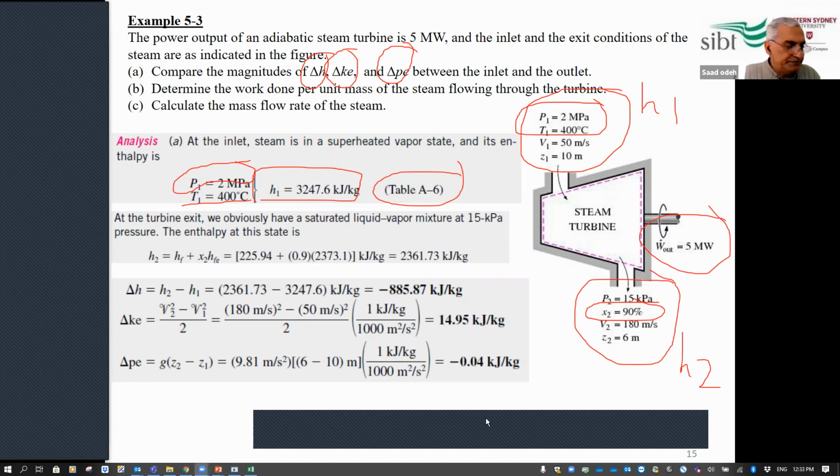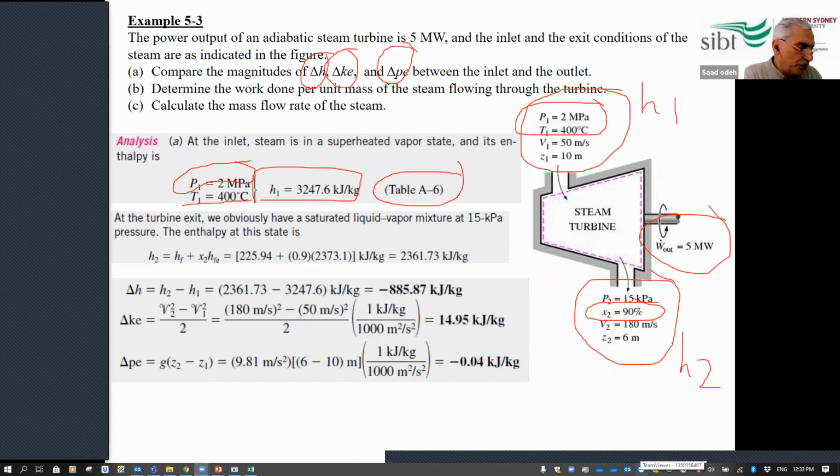The equation of the two-phase region is, for example, h for two-phase is equal to hf, which I can find from tables, plus the x value I have, times the difference between gas and fluid enthalpy, so hfg.